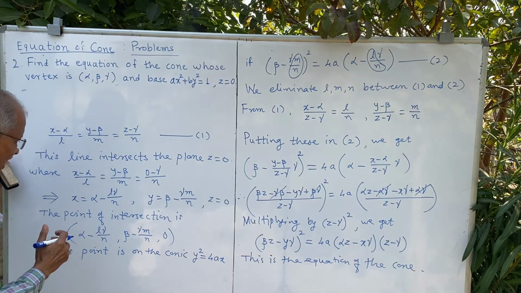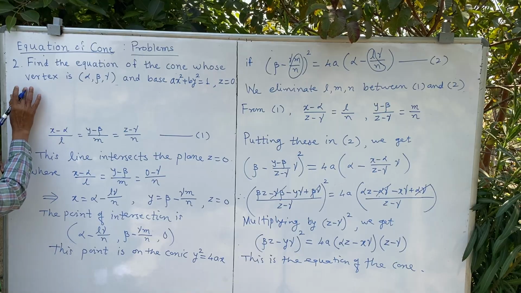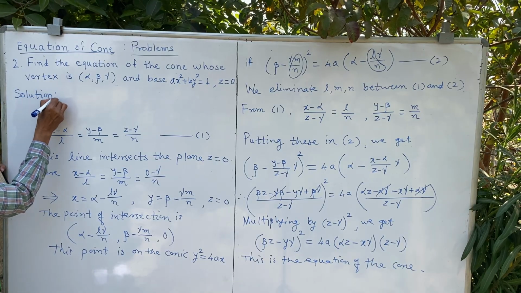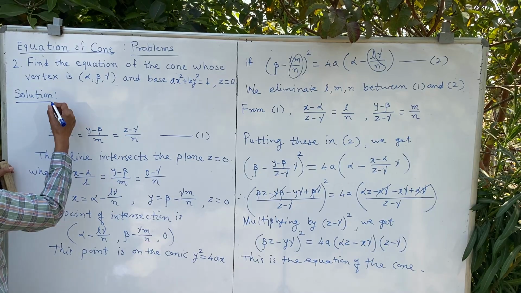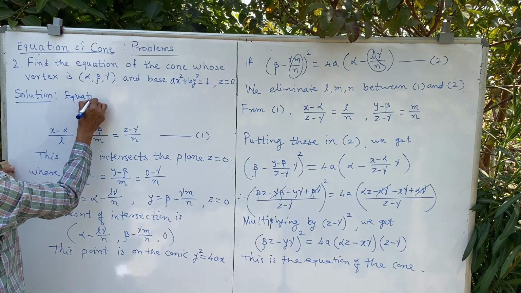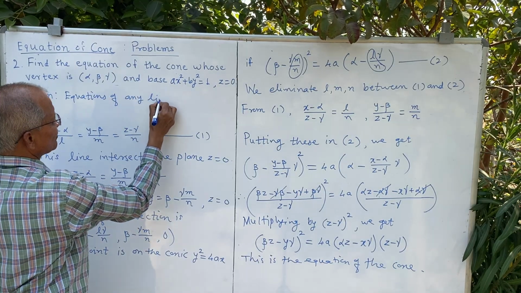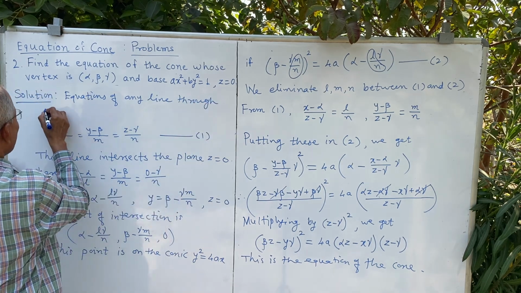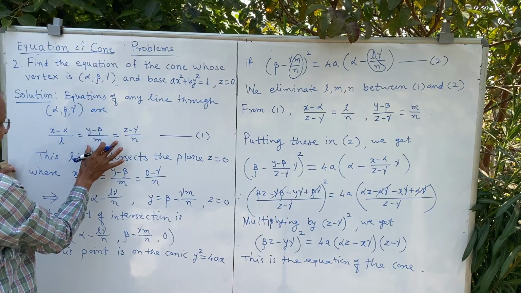Now, the first half part is the same, that is we shall write the equation of a line passing through the vertex. So, I shall keep the first part same, equations of any line through alpha, beta, gamma are the same.